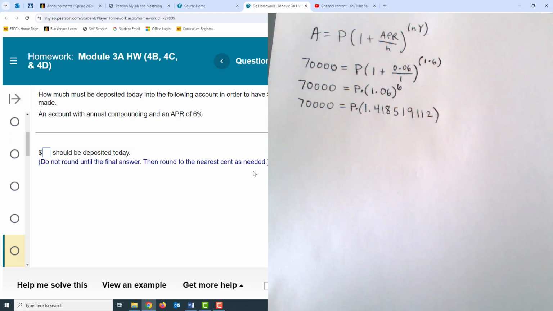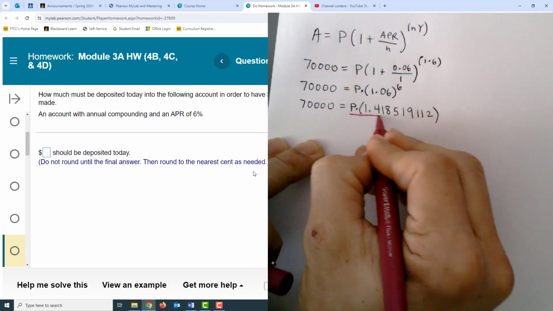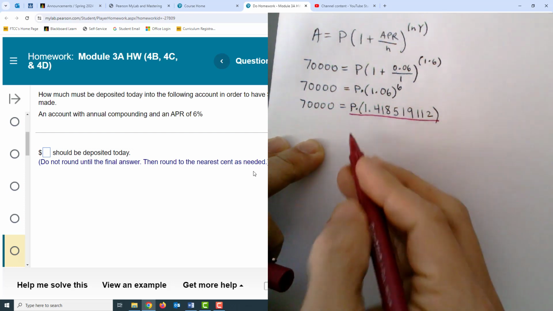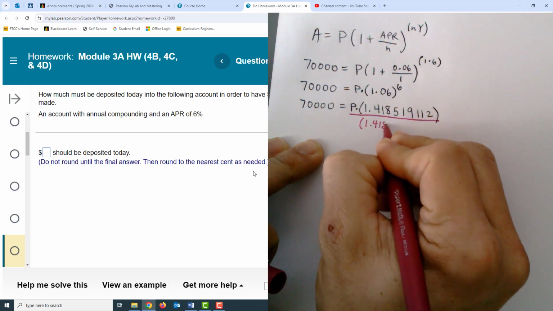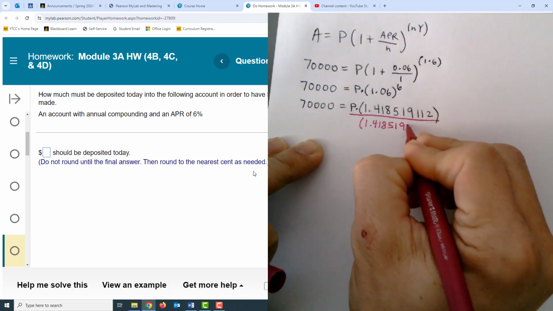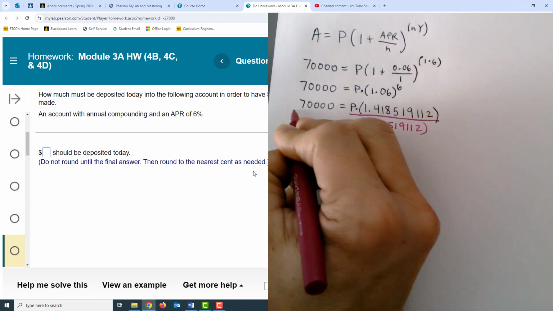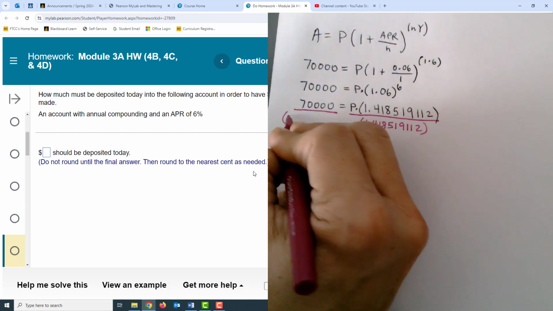One way you could do that is to divide. So if I divide by this decimal, again, making sure I type it down or write it down correctly, I want to divide both sides by that.